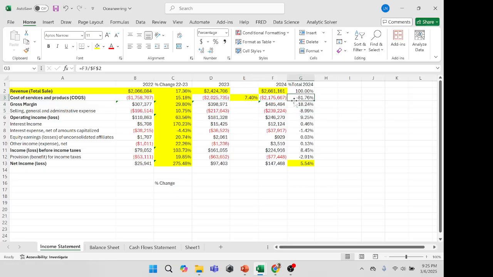So you see this one contributes 81%. So maybe this 7.4% change means something, right? Maybe it's something. And also the revenue over here, it's huge.